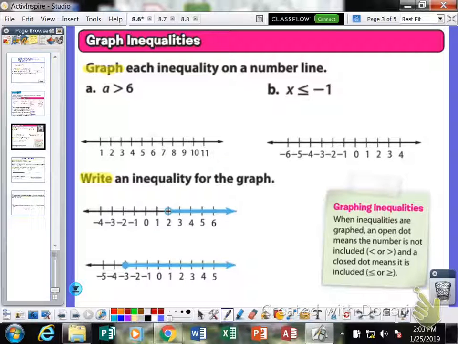When we're graphing it on a number line, I want you to pay attention real quick to what it says down here in the right hand corner. When inequalities are graphed, an open dot means the number is not included, which means we would use the less than or greater than sign.